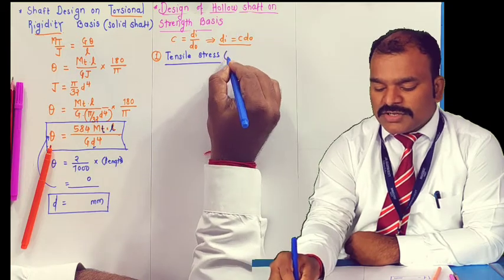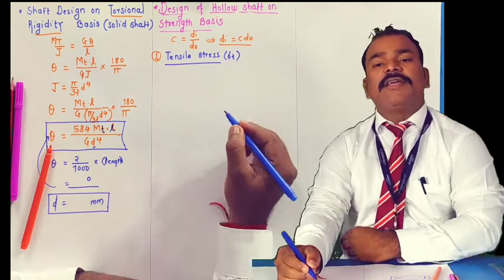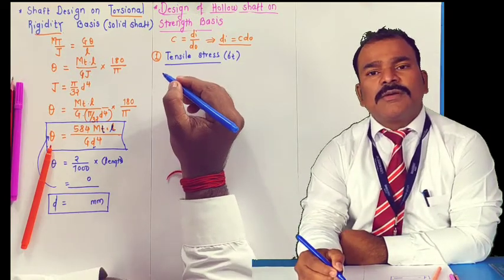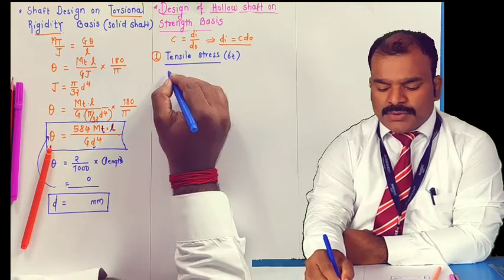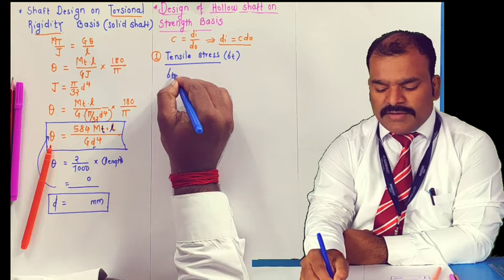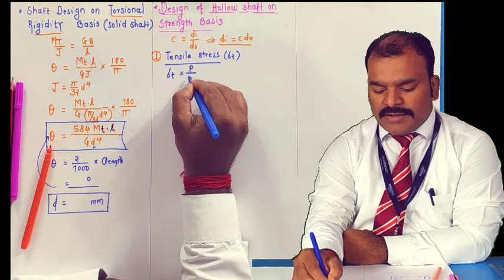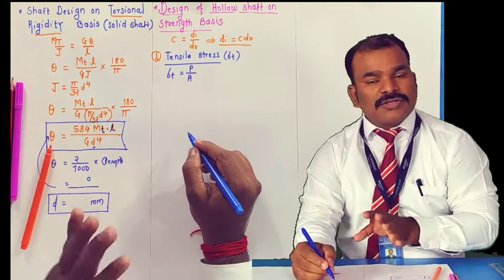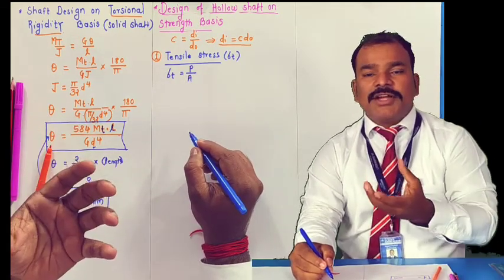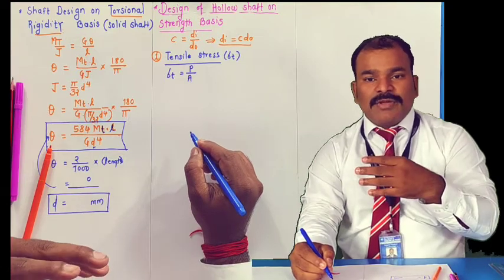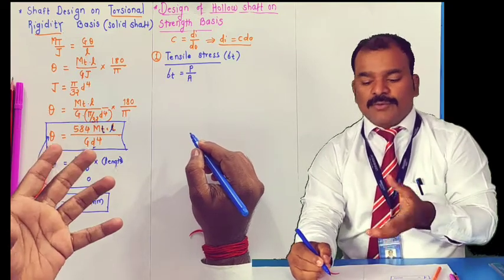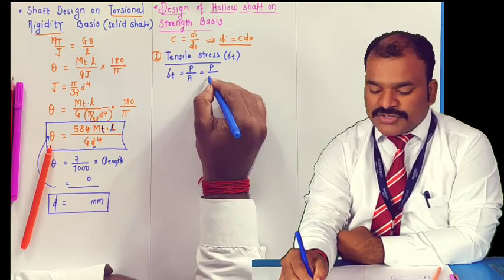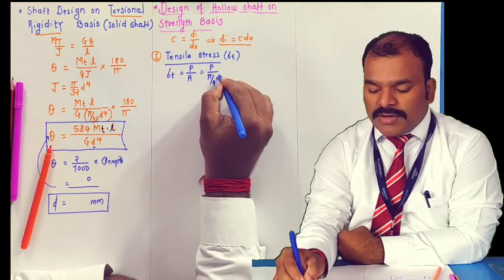The notation, as we know, is sigma T for tensile stress. Stress is nothing but load by area, so sigma T is equal to load by area. Here the hollow shaft has a circular cross section, so the area of a circular cross section is pi by 4 d square.